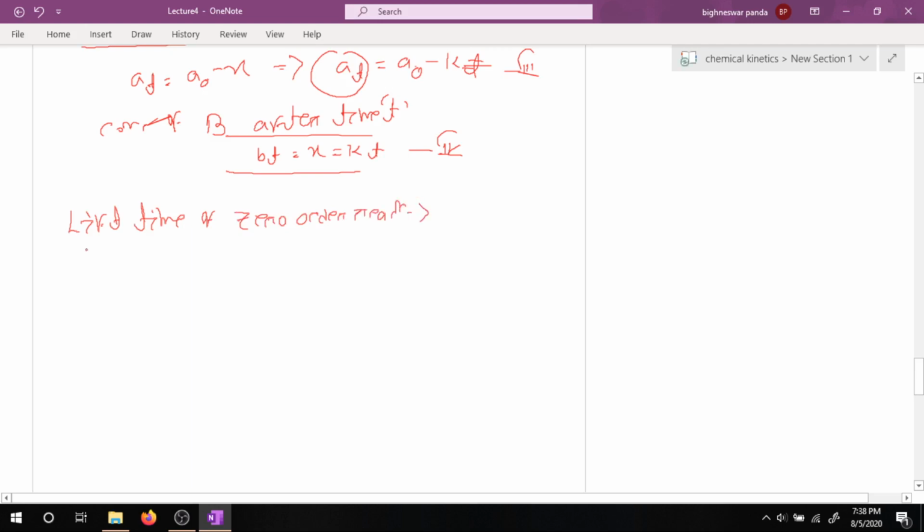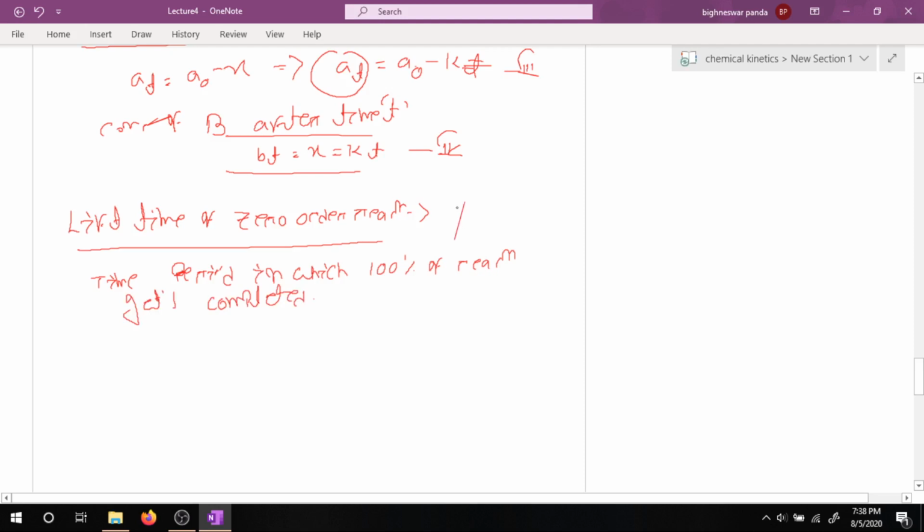Lifetime of a zero order reaction means the time period in which 100% of the reaction gets completed. I can denote the lifetime of the reaction as TLT. So what is the time required to complete 100% of the reaction?